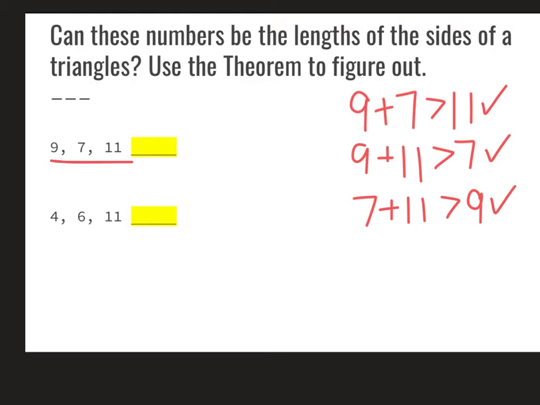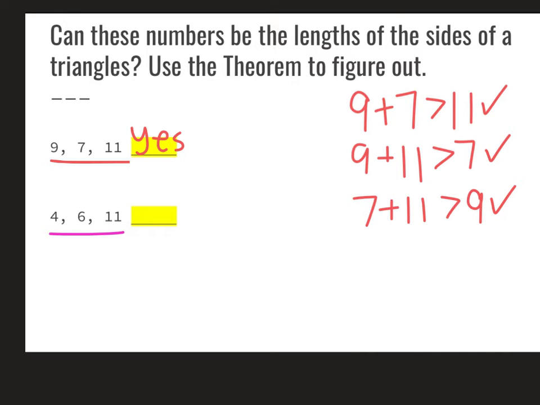So check, check, check. That means yes, these numbers, 9, 7, and 11, can create a triangle. That's all the theorem says. If I give you 3 numbers, you need to figure out if it could create a triangle, and these lengths could.